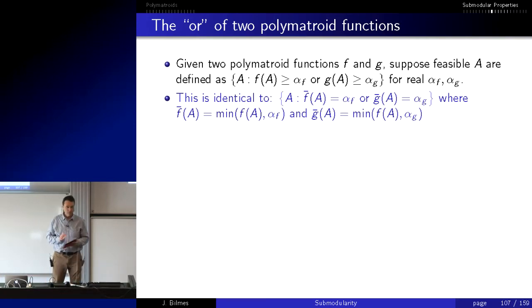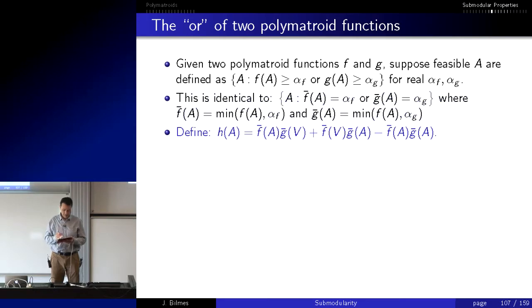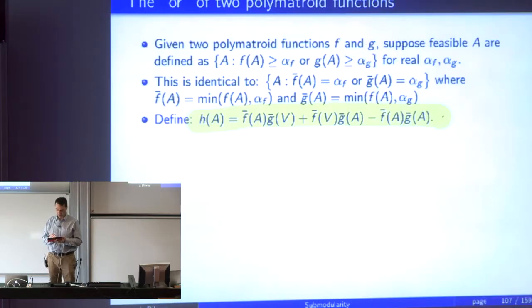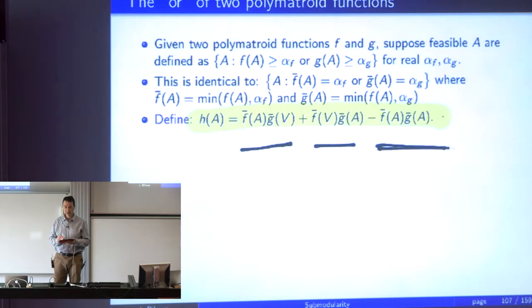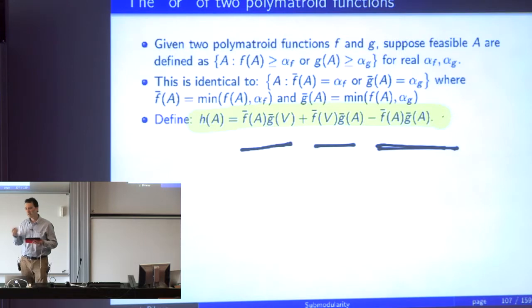Without getting into too many details, because we have a lot to cover today, this composition is kind of strange because you're multiplying these two together, and you're multiplying these two together, and then you're subtracting the two truncated submodular functions multiplied by each other, which ordinarily doesn't preserve submodularity.